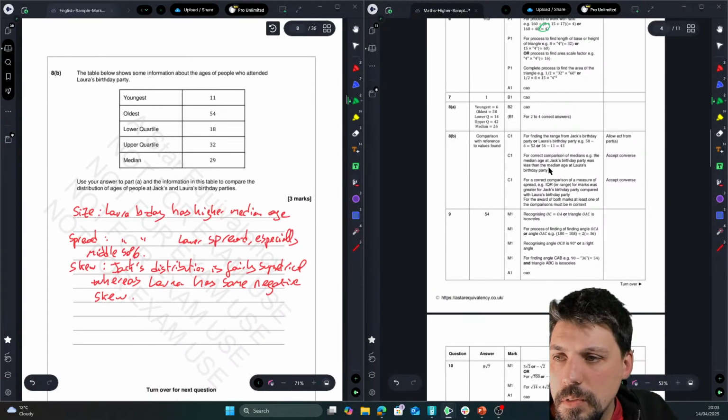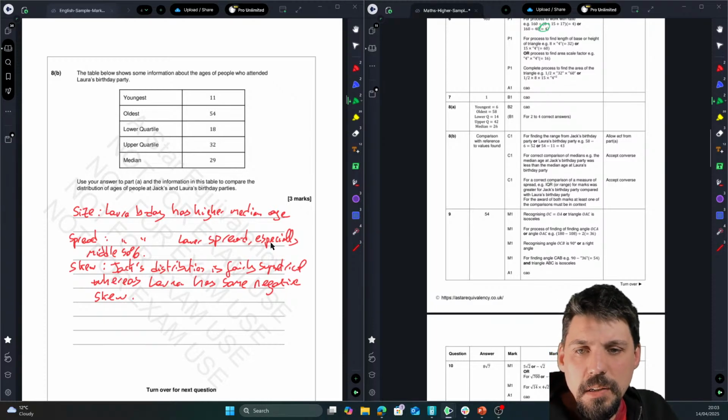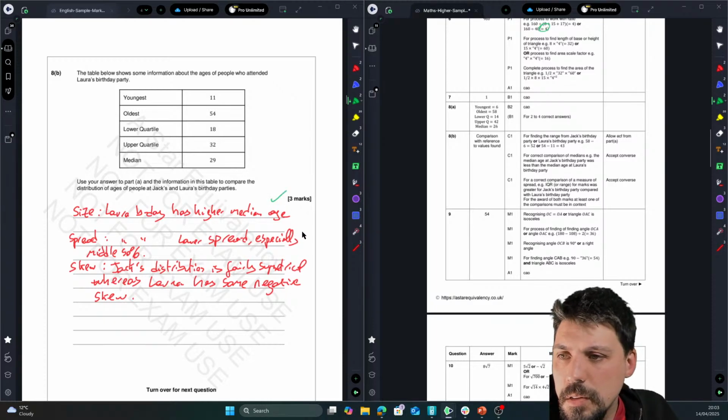Now, so we get correct comparison of the medians. Ooh, do they want me to actually quote what the interquartile ranges are?